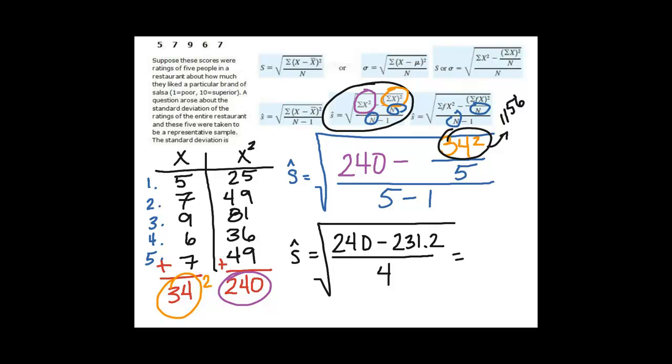Keep working. 240 minus 231.2, divide that number by 4 gives you 2.2. So this S hat is equal to the square root of 2.2. So final answer, S hat must equal 1.48.